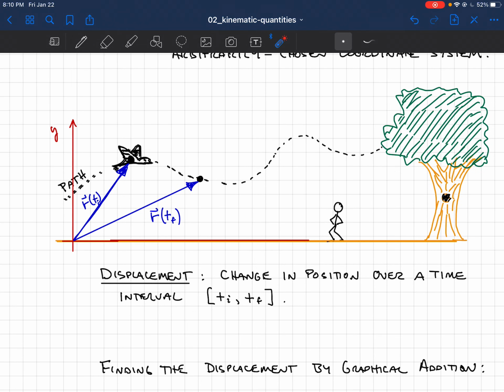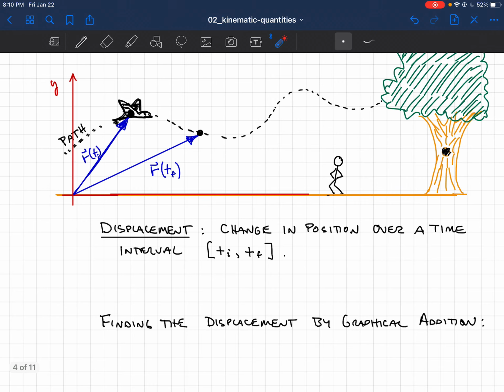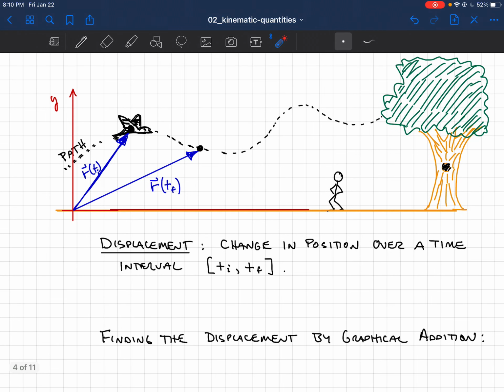Now we want to look at displacement. So remember how we defined displacement. Displacement was delta r, which is r at the final time vector minus r at the initial time vector. So what we can do is put that down here.